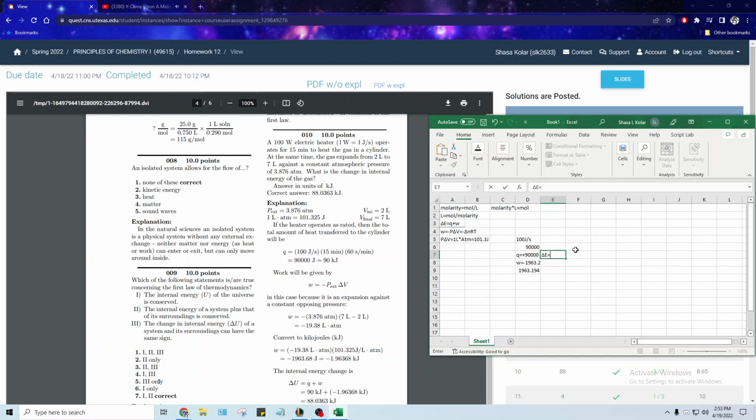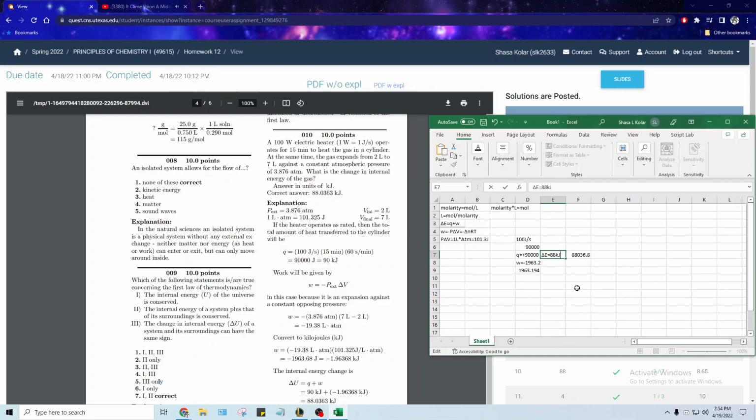So that's 90,000 minus 1963. That gives us 88,036.8 joules. But this asks us to answer in units of kilojoules. So we do 88 kilojoules. There you go. That wasn't too hard.